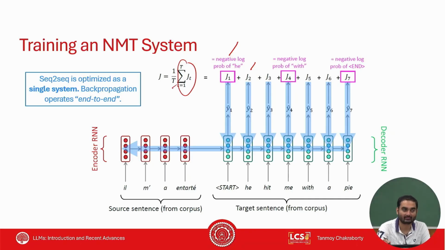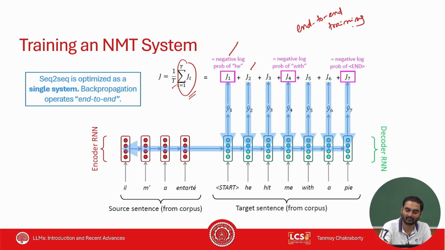Okay, and then when you do back propagation, right? So this loss will affect all the hidden states. This is called end-to-end training.